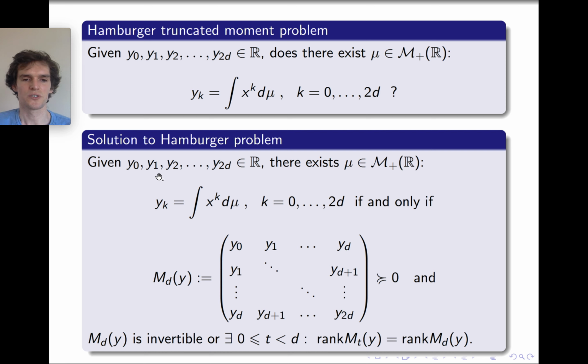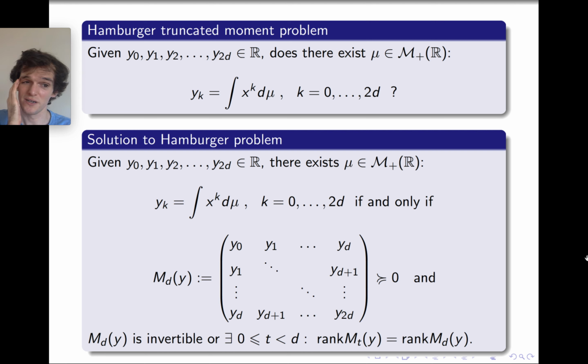Given some numbers y0 through y_2d, there exists a non-negative measure such that those numbers are equal to these moments with respect to mu, if and only if this moment matrix of order d, defined as follows, is positive semi-definite, and either the matrix is invertible, or there exists an index t, non-negative and less than d, such that the rank is preserved between the moment matrix of order t and of order d.